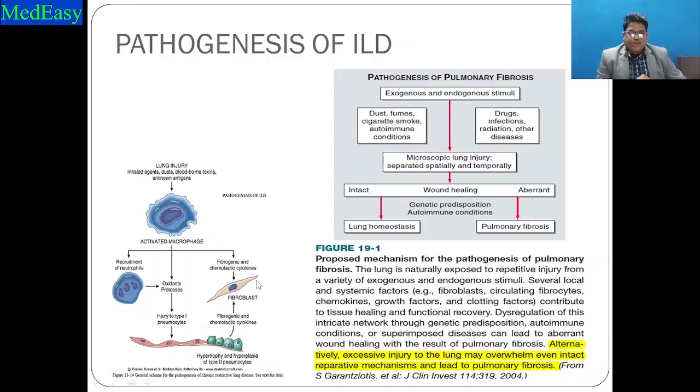They will stimulate the fibroblasts, and this will cause hypertrophy and hyperplasia of type 2 pneumocytes, injury to type 1 pneumocytes, and later on fibrosis will start and pulmonary fibrosis develops. So, the alveolar macrophage is the first cell that takes care of any injurious stimuli coming to the lungs. All right.